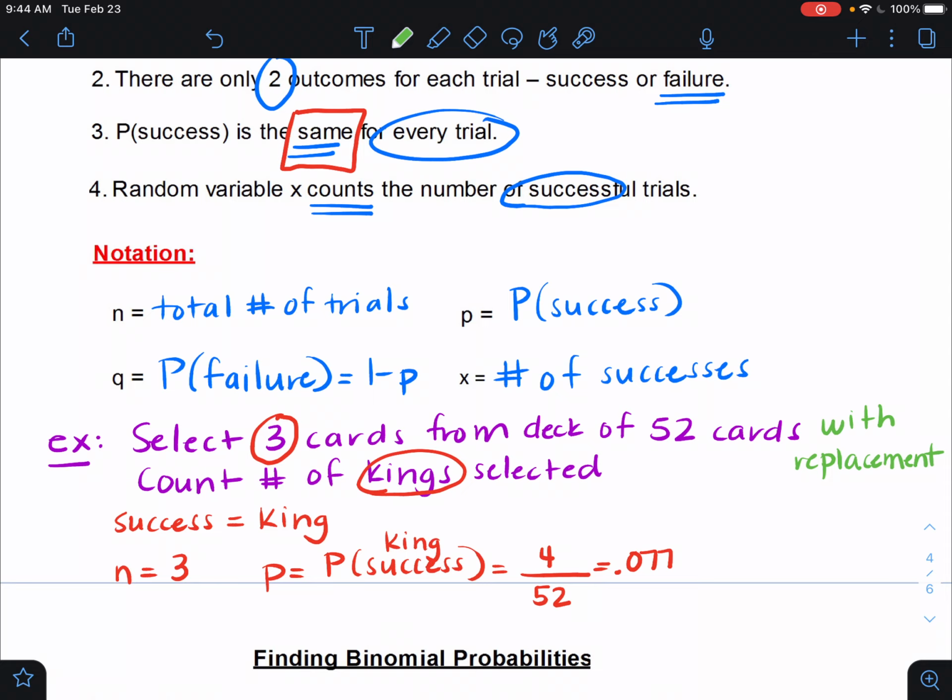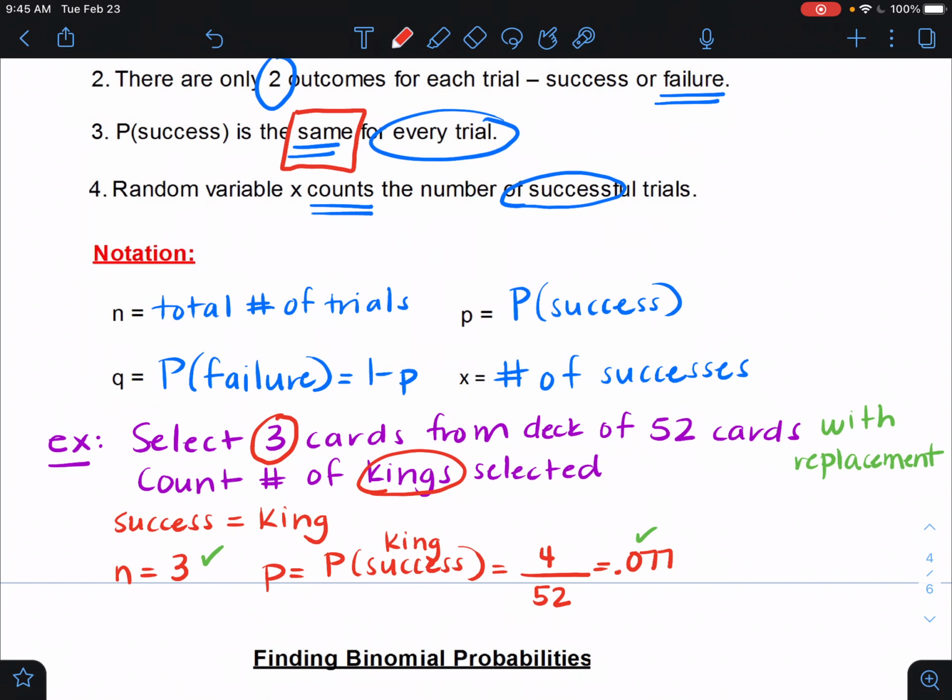But if it's done with replacement, then that probability is going to stay the same. There'll always be 4 kings. There'll always be 52 total because you're putting it back every time the selection is made. So if the selection is done with replacement, we've now checked the number of trials. We've now calculated the value of P, so we'll keep going.